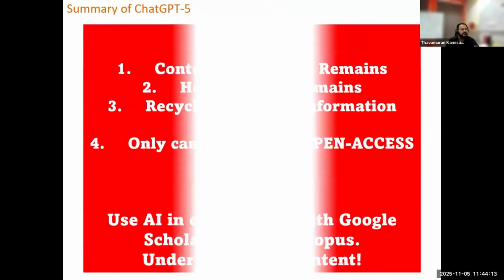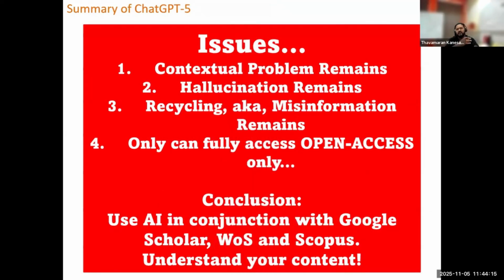So, summary of ChatGPT 5 and all. Guys, remember, Site AI, Perplexity, SciSpace, Consensus, Elicit, Genie AI, Gemini, Grok, DeepSeek, all of these are inferior compared to ChatGPT 5. All of them use transformer networks. As a matter of fact, the transformer network was created by Google.